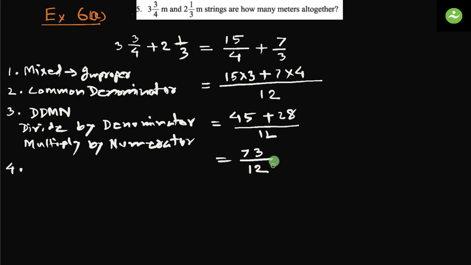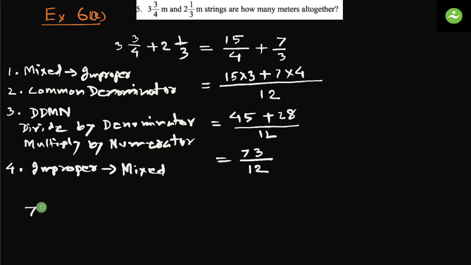So this is an improper fraction. If there is an improper fraction, improper should be changed to mixed. So we started with mixed, we end with mixed. So 73 by 12, how do we change it to mixed fraction?